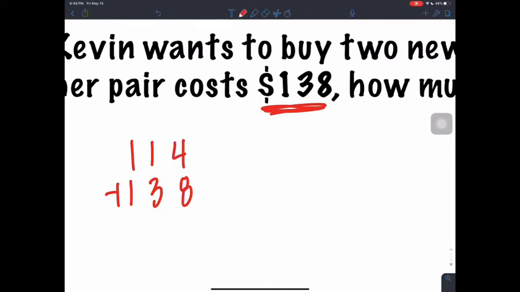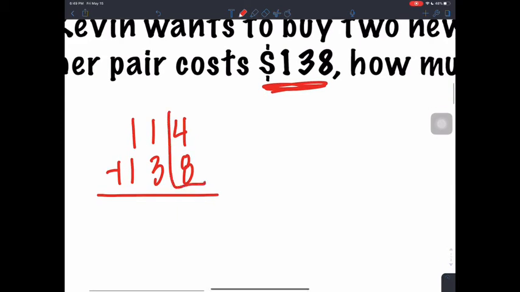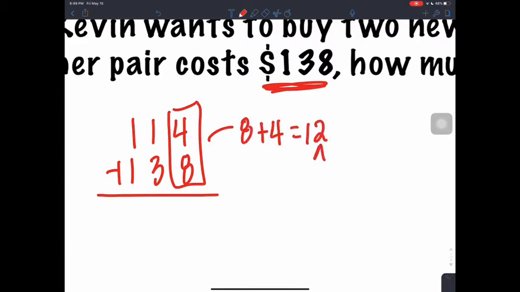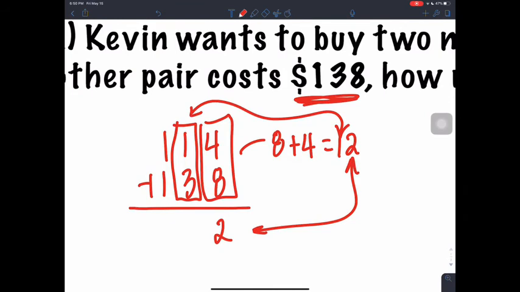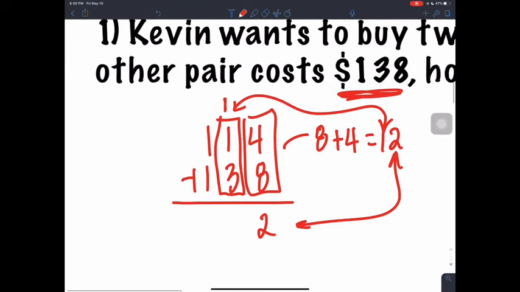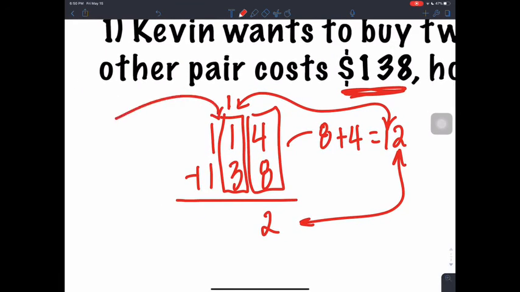Okay. So in this first column, we have 8 plus 4, which gives us 12. And then we're taking the number from the ones place and putting it underneath. Then we're taking the number from the tens place and adding it to the second column. So now, here, we have 1 plus 1 plus 3, which gives us 5.